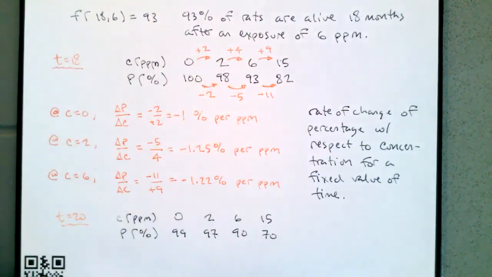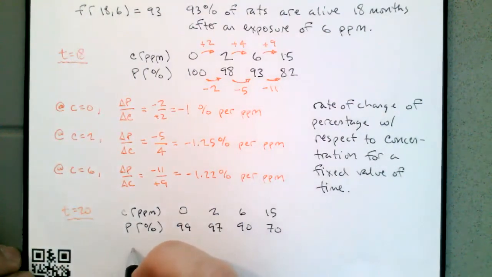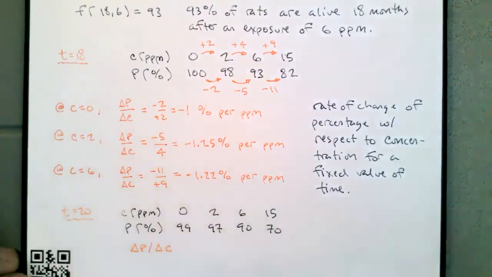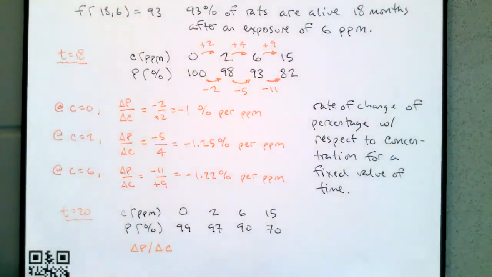So once again, we're looking at the rate of change of the percentage with respect to the concentration. And so we'll have units of delta P over delta C as percent per part per million.